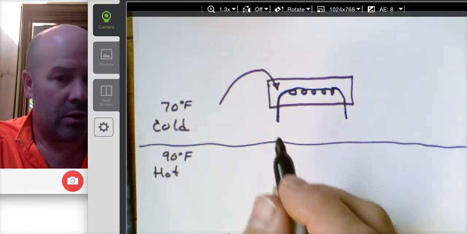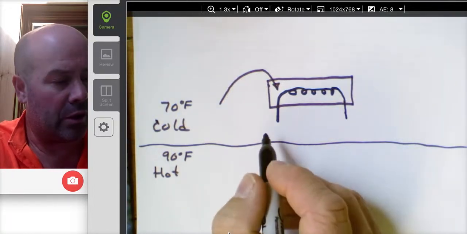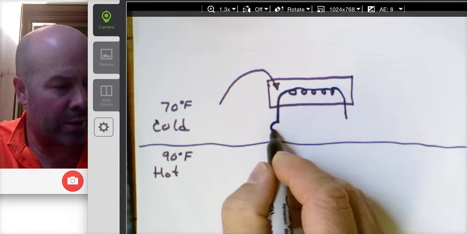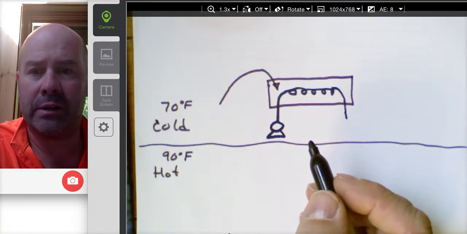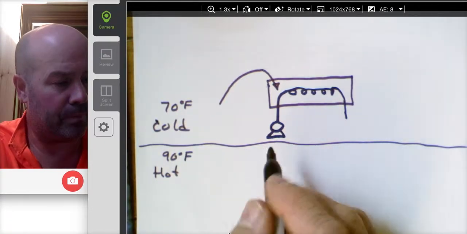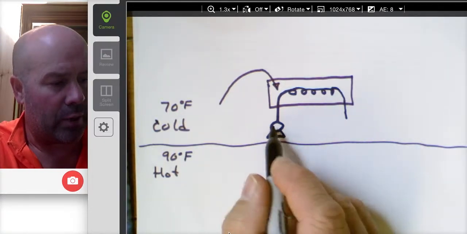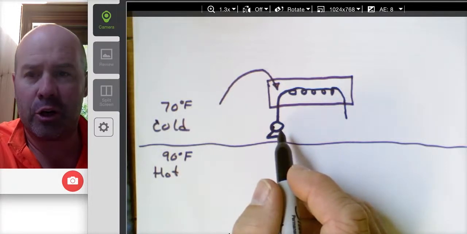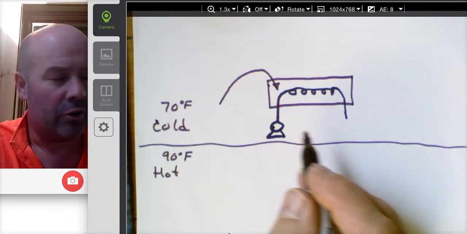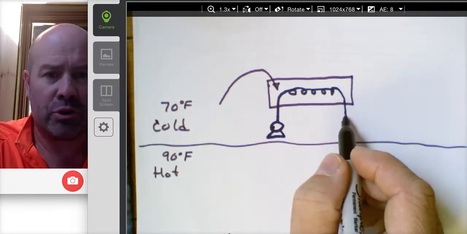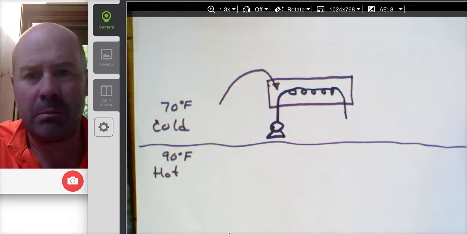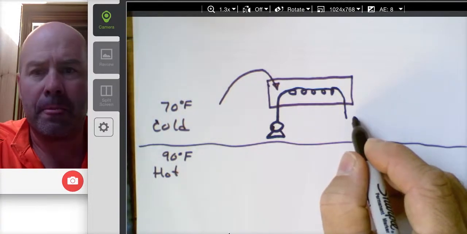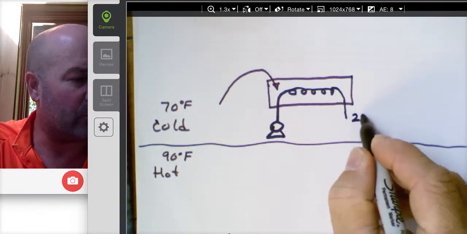Then what we do is we compress the fluid in a compressor. And when we compress it, it goes from being cold, so naturally the temperature of this fluid when it enters here might be, well, let's just pick a number, 25 degrees Fahrenheit.